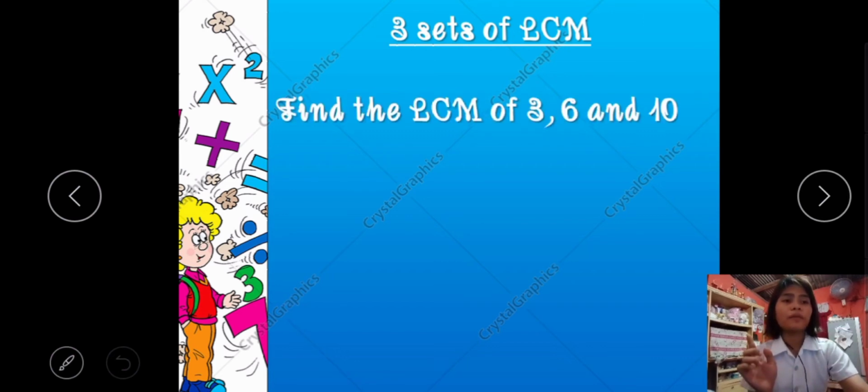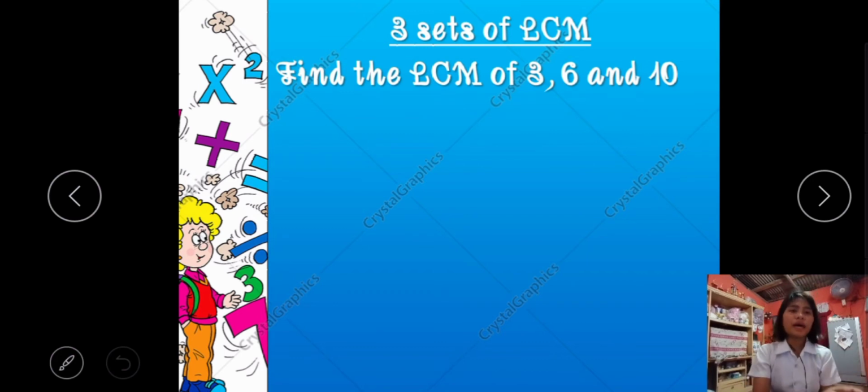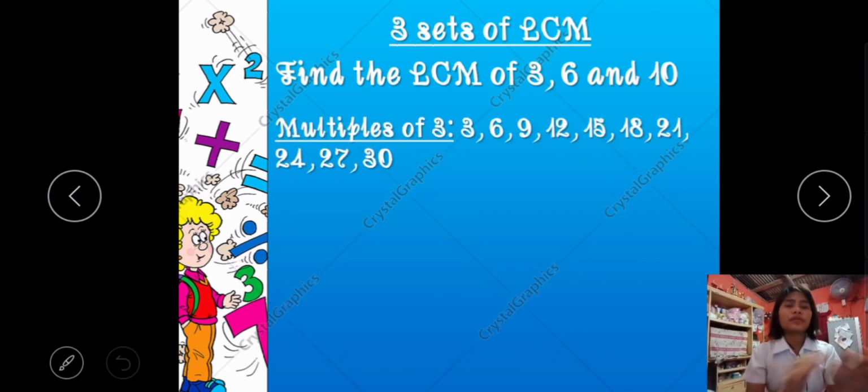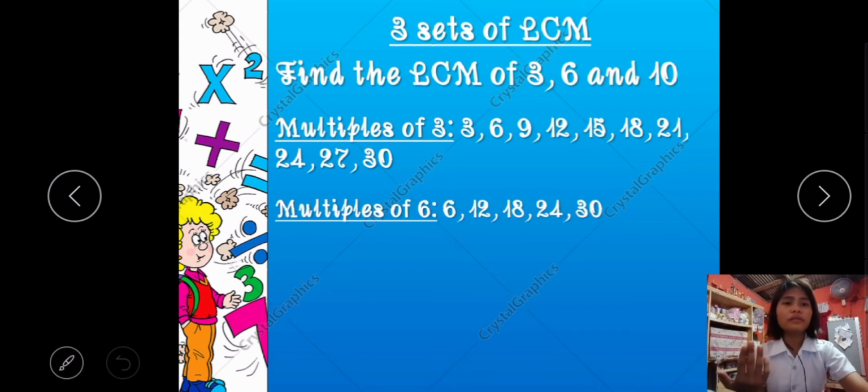For example, find the LCM of 3, 6, and 10. The multiples of 3 are 3, 6, 9, 12, 15, 18, 21, 24, 27, and 30, while the multiples of 6 are 6, 12, 18, 24, and 30.